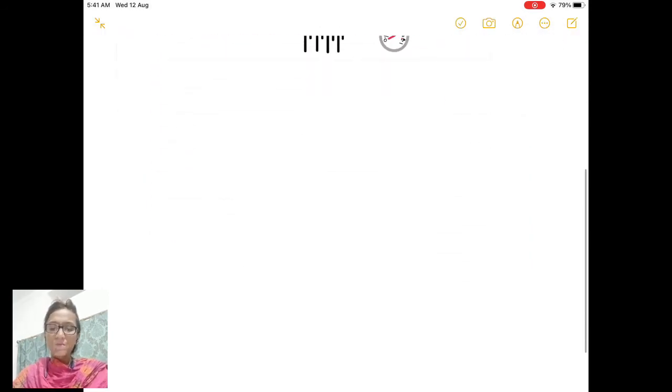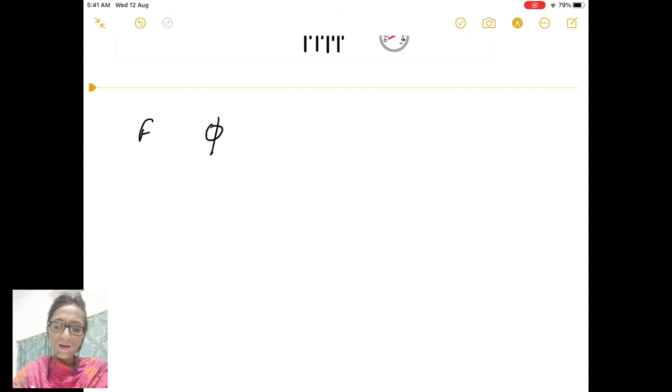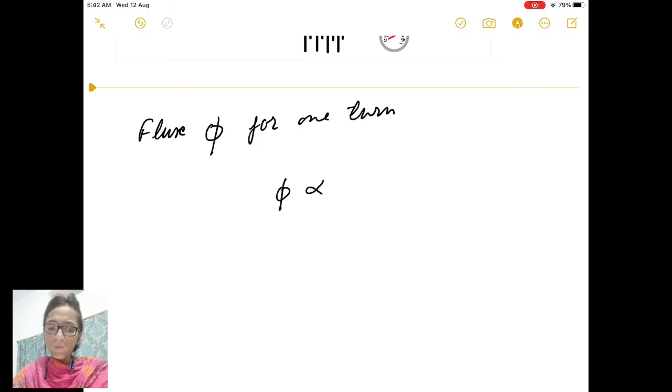So this flux phi for one turn will be proportional to the current flowing through the solenoid. Now the same flux is associated with all the turns.